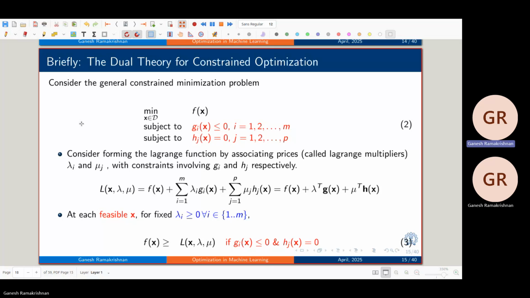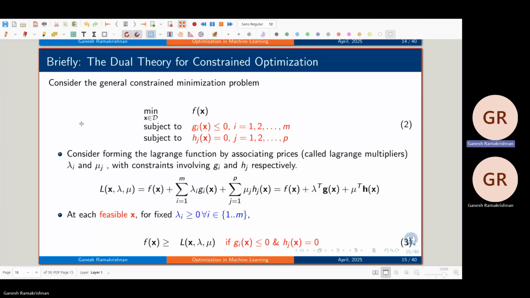What does it mean? Well, either the Gi is inactive, meaning Gi is less than 0 and lambda is 0, or lambda i is greater than 0, which will force Gi to 0.